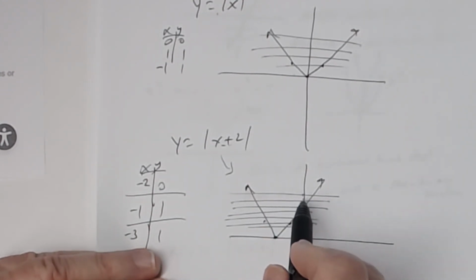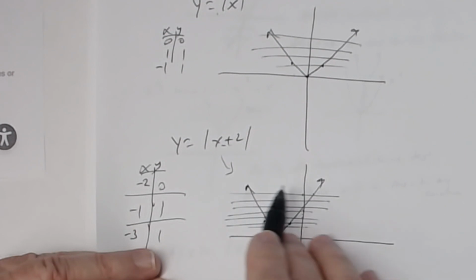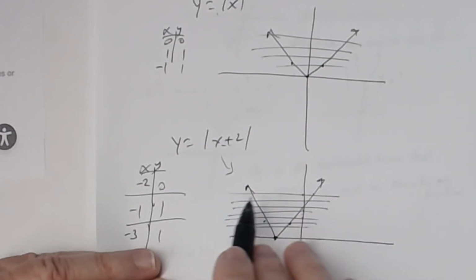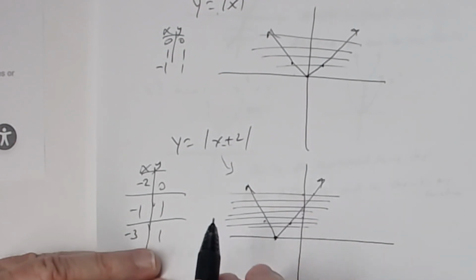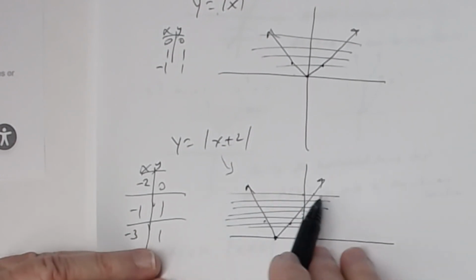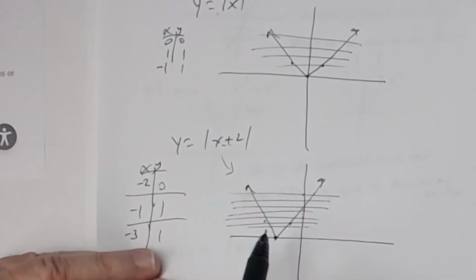For each of those y values, there are going to be two different x values each time, except for the vertex. But remember, it's got to pass the horizontal line test, which means the horizontal line has to intersect it once everywhere. So notice that there's an infinite number of places where the horizontal line test fails.